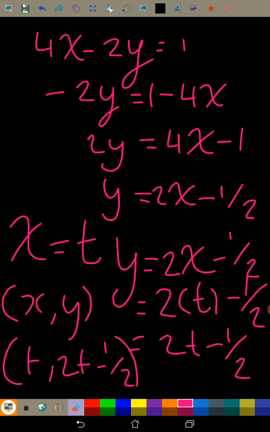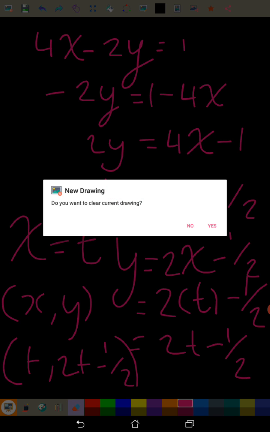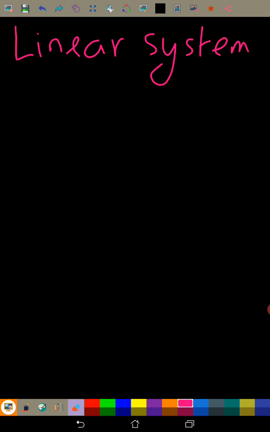And so it's important to understand what a solution set is when we're learning about matrices. So let's learn more about linear systems, because that's what we are in right now. A finite set of linear equations in the variables x, for example x1, x2, and so on, is called a system of linear equations.